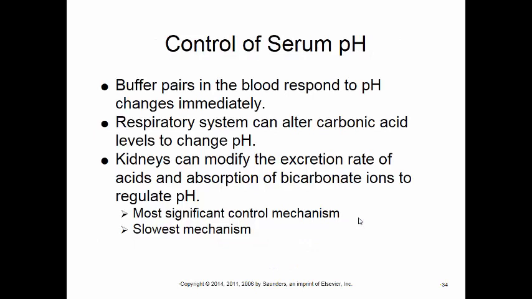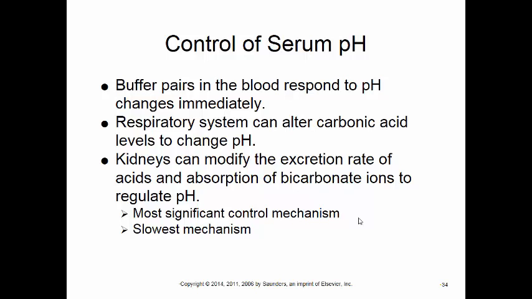Okay. The control of the serum pH. We have what are called buffers in our blood that help with pH changes immediately. We can also use the respiratory system and the kidneys to affect our pH levels.